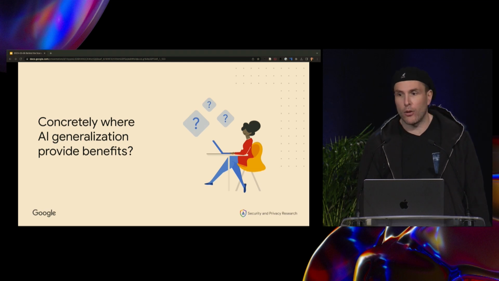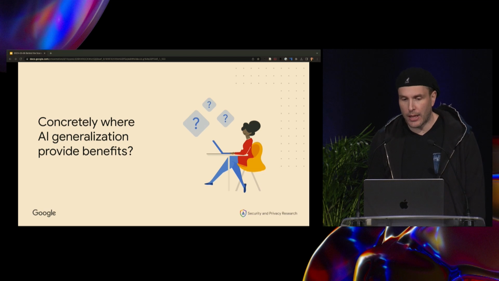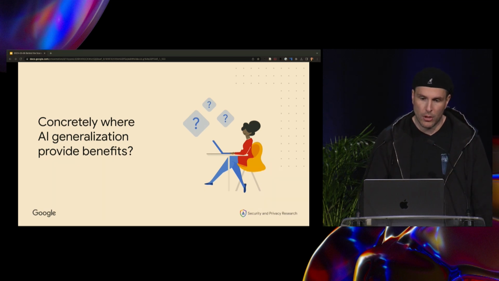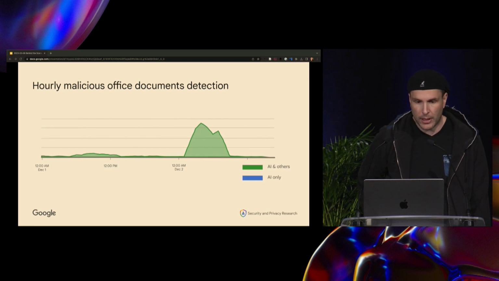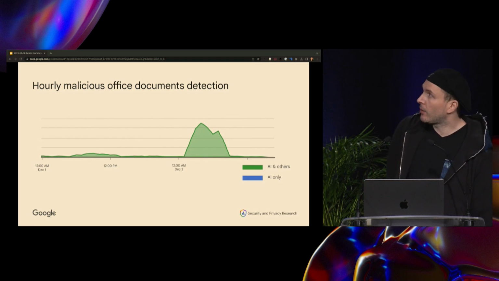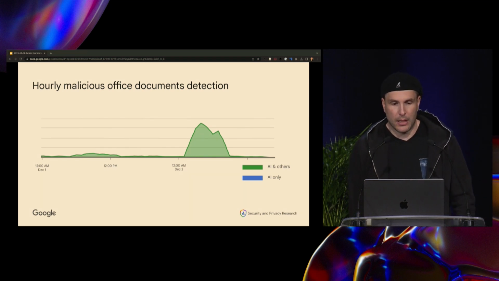And if we're now trying to get a bit more in the gist of things, what happens when there's an attack? When does AI bring some value? When does it not? This is a classic attack that took place on December 2nd, and it's a real attack that took place in a few hours.